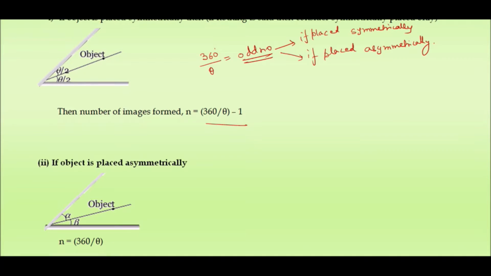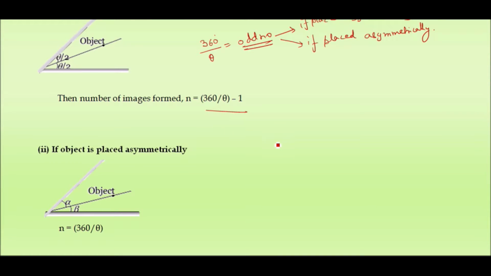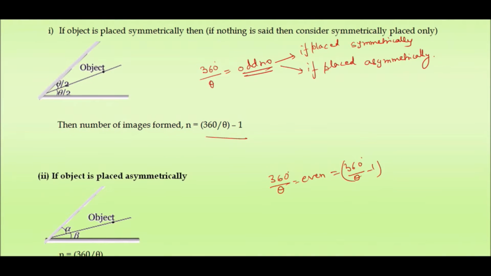So we have learned these cases also: first, if 360 by theta is even, then the number of images formed is equal to 360 by theta minus 1, and if 360 by theta is an odd number, then if symmetrically placed, it is equal to 360 by theta minus 1.